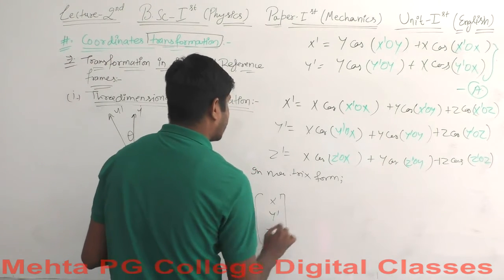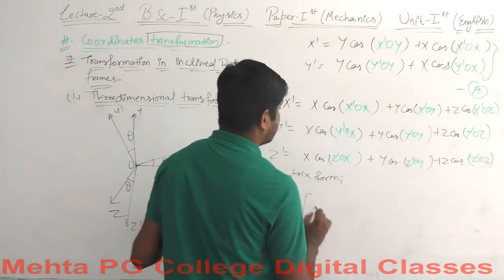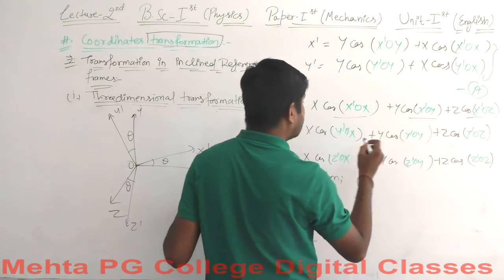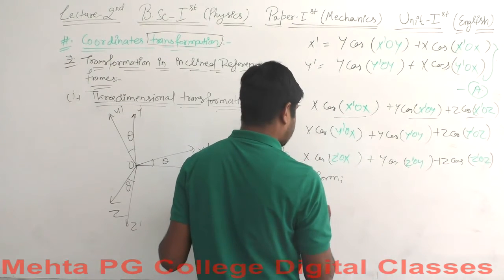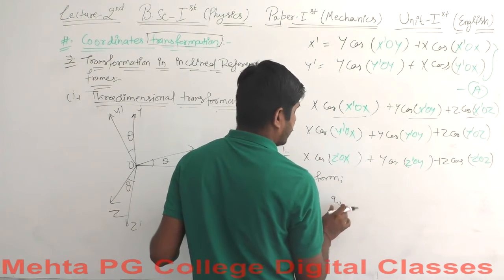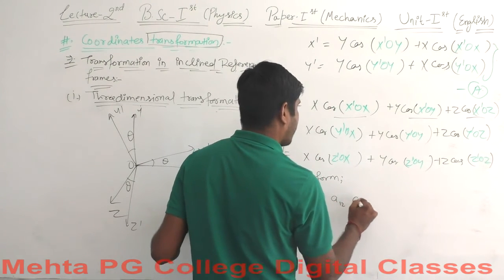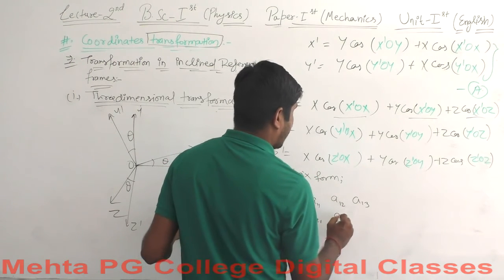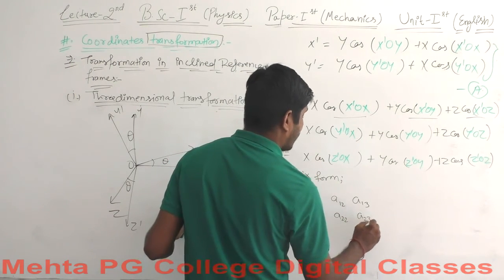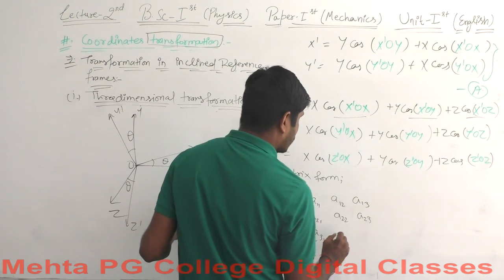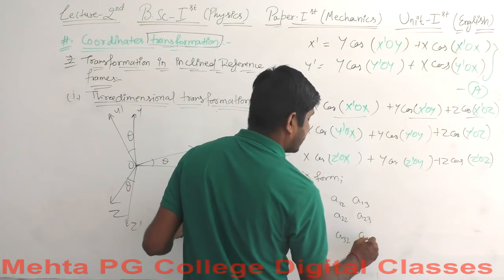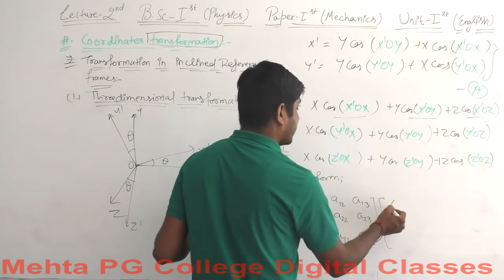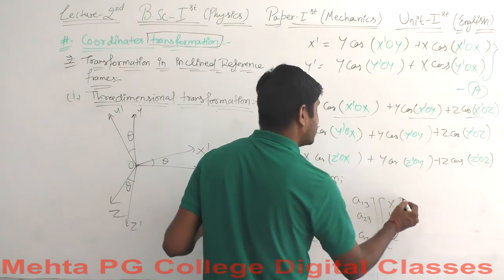x dash, y dash, z dash must be equal to a matrix of parameters: a11, a12, a13, a21, a22, a23, a31, a32, and a33, multiplied by x, y, and z.